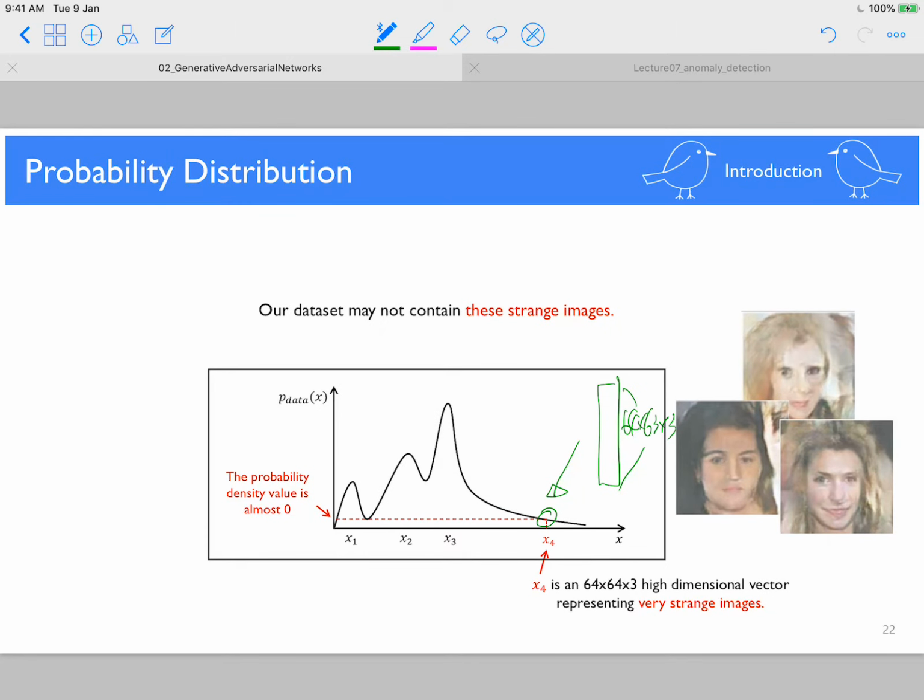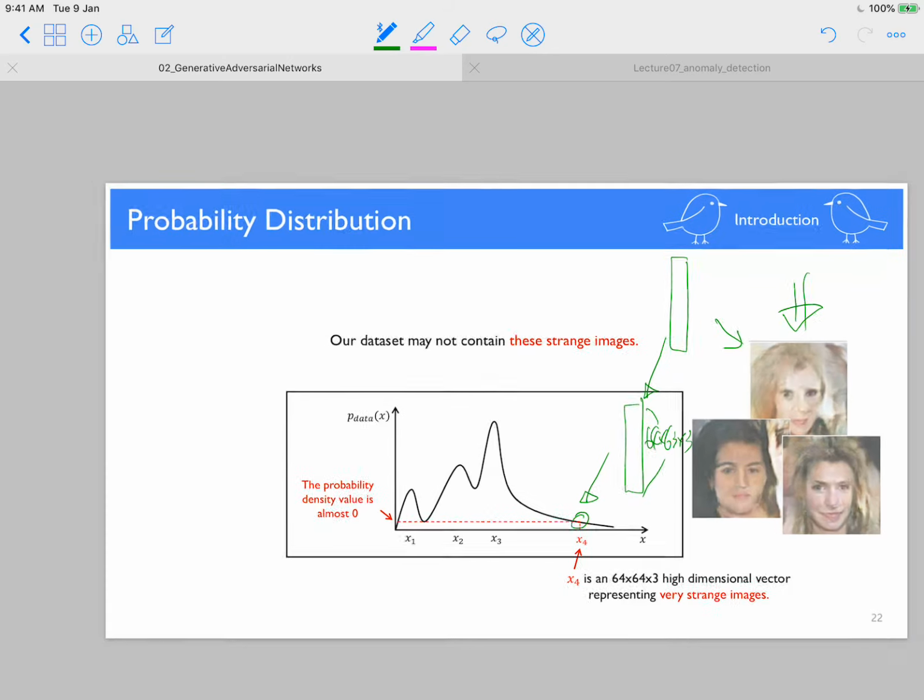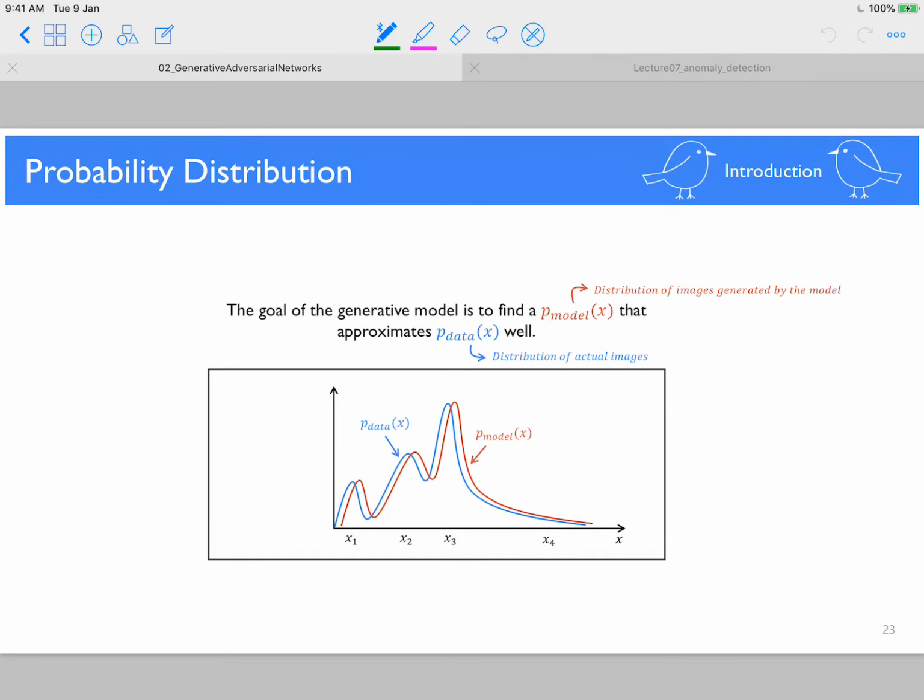So this doesn't look real. But this particular image will have a particular feature vector having this particular dimension. Okay, so that way, this image has a low probability to observe in reality.